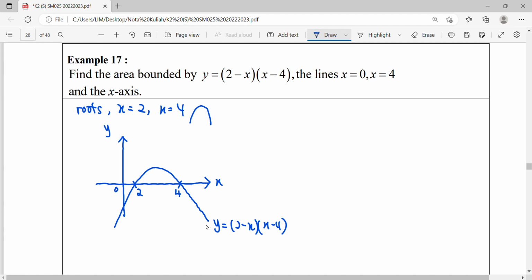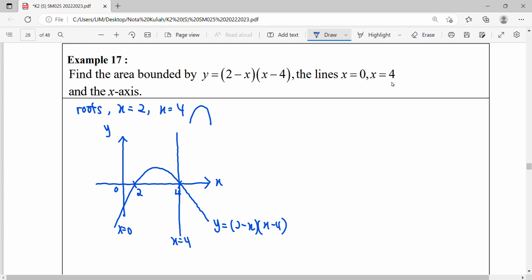Besides this curve, the region is bounded by x equals 0, which is our y-axis, and another line, x equals 4. x equals 4 is a vertical line going through the x-axis at the value of 4.